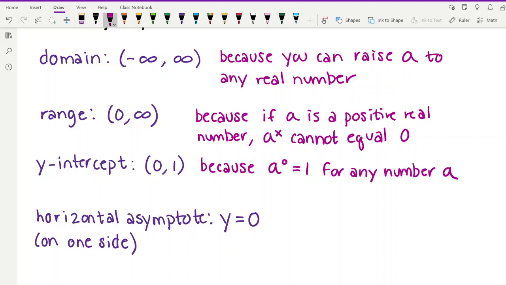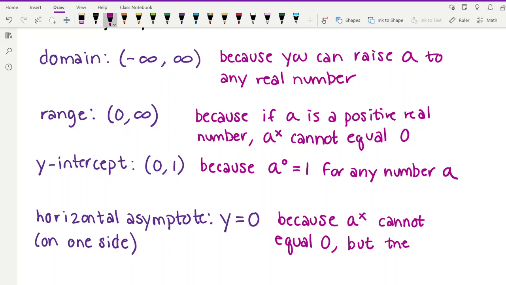So why do we have a horizontal asymptote? Well, it's basically the same reason as what we wrote for the range. It's because a to the x cannot equal 0. I'll say it a little more briefly here: a is supposed to be a positive real number, so a to the x cannot equal 0. But what will happen is the function is going to approach 0. Sorry, my screen's a little stuck.